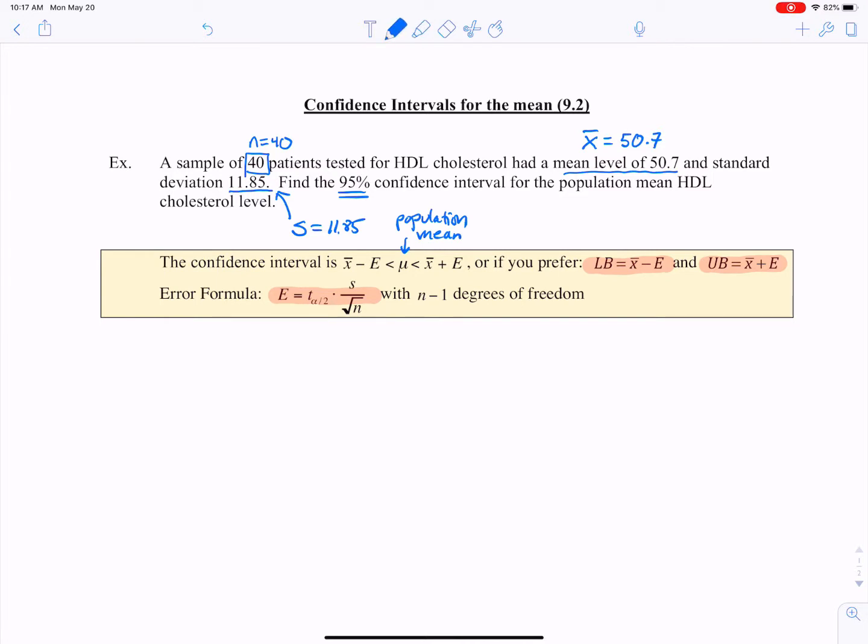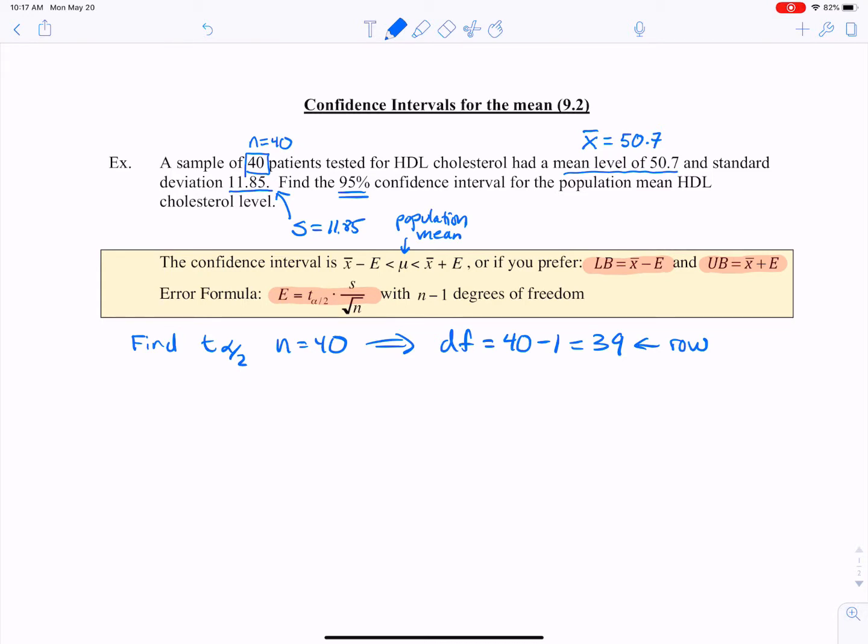Okay, so we have all the basic information, but now we've got to find the t alpha over 2 that we need. Now our n is equal to 40, which tells us that the degrees of freedom is 40 minus 1, which is equal to 39. Now that's the row that we will look at in Table 6.